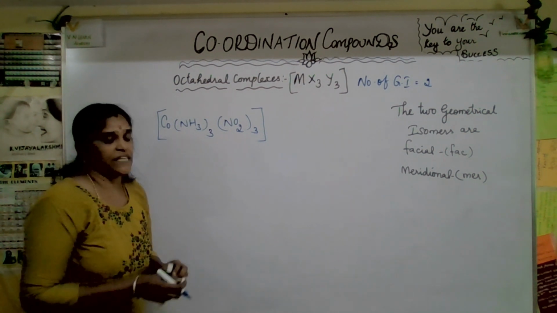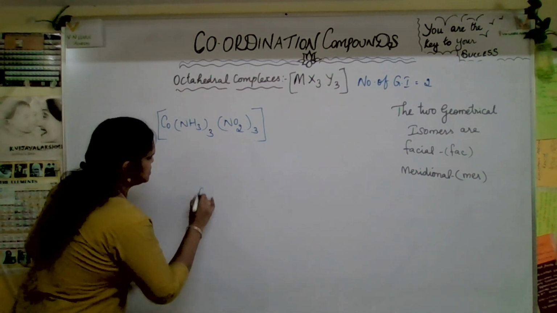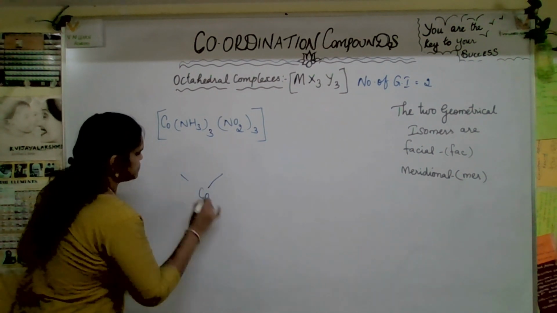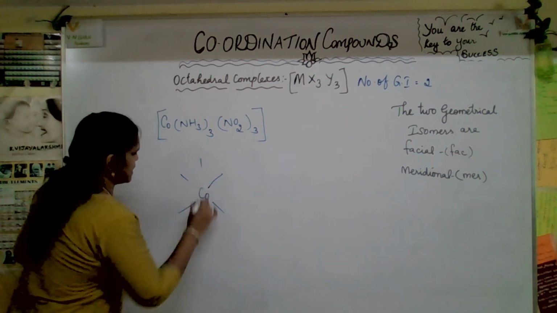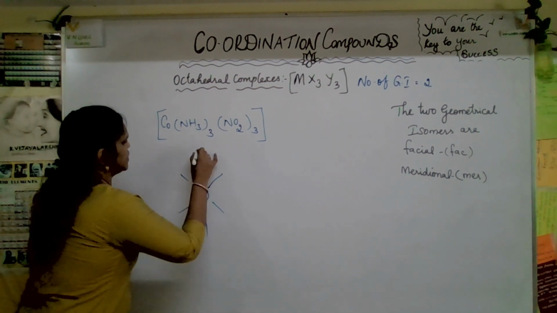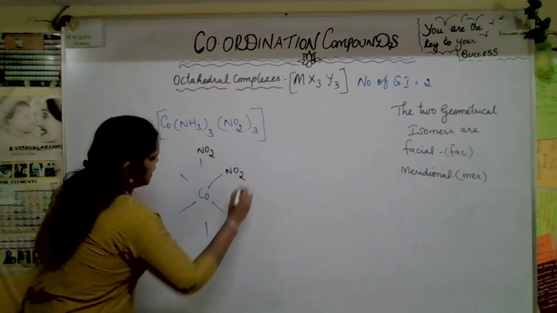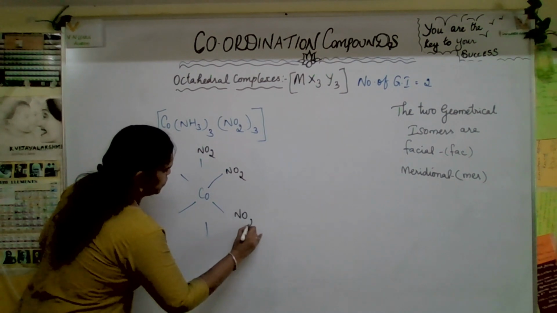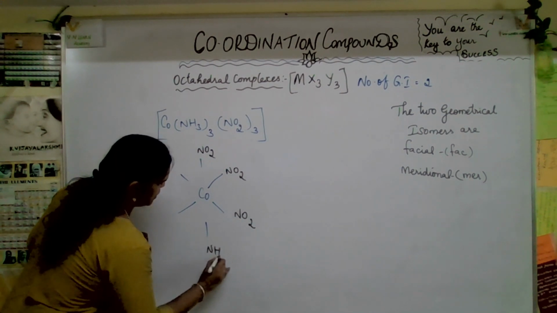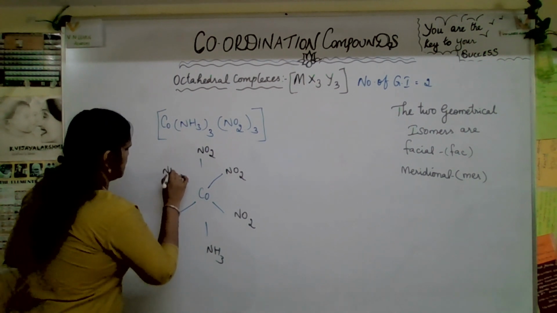Come on, let us go and identify them. So that is central metal ion Co in this, four ligands in the last one. So NH3, NO2. So here NO2, NO2 and here NO2 and this NH3, NH3 and here NH3.